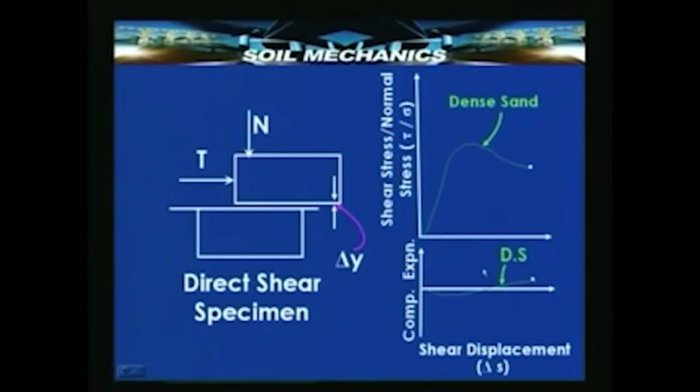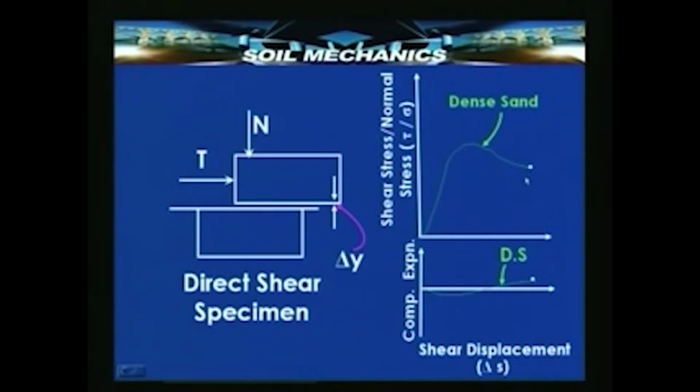But if the expected shear displacement in an actual practical situation is much more than this displacement, then we must understand that the sand, dense sand in this case, is undergoing a large amount of displacement, and at that displacement it is not likely to have its peak strength, it will enjoy only a much lower strength.